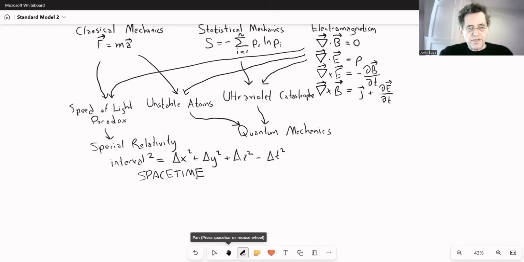In particular, you need to combine those two insights of quantum mechanics and special relativity to get a new improved version of theories like classical mechanics or electromagnetism. And this new improved approach is called quantum field theory.